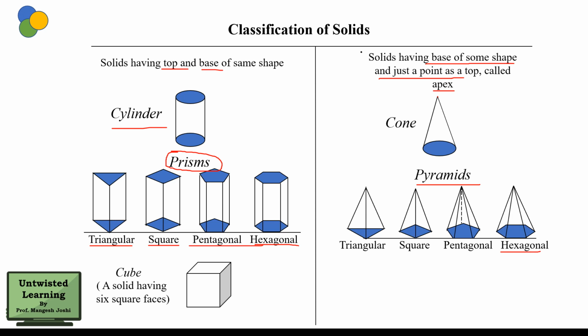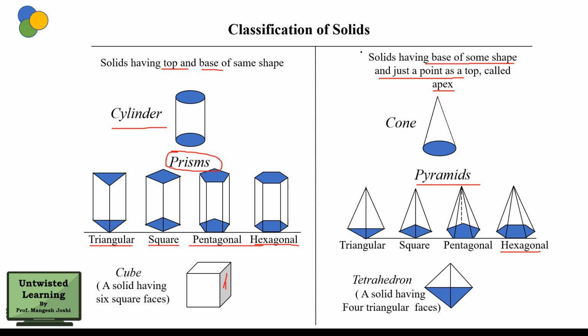Basically these are the two types. In prisms you also have a cube, having a square base, square top, and square side faces as well.